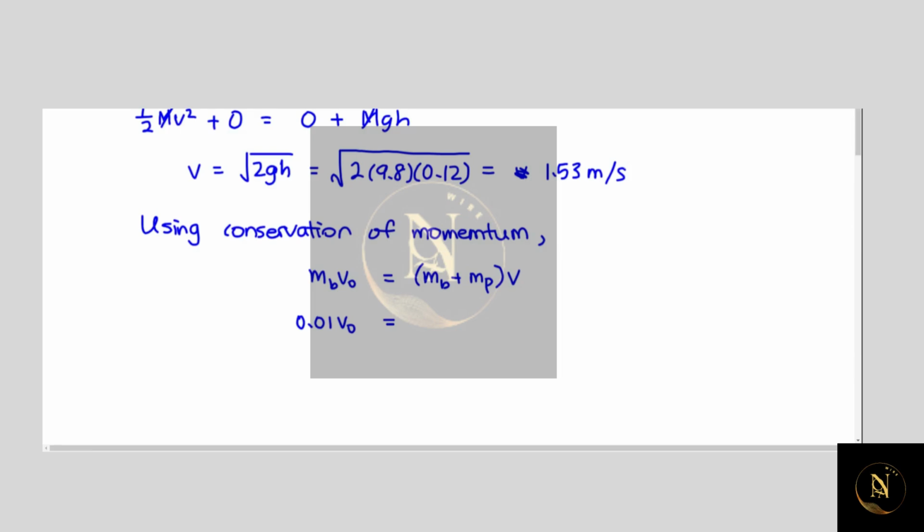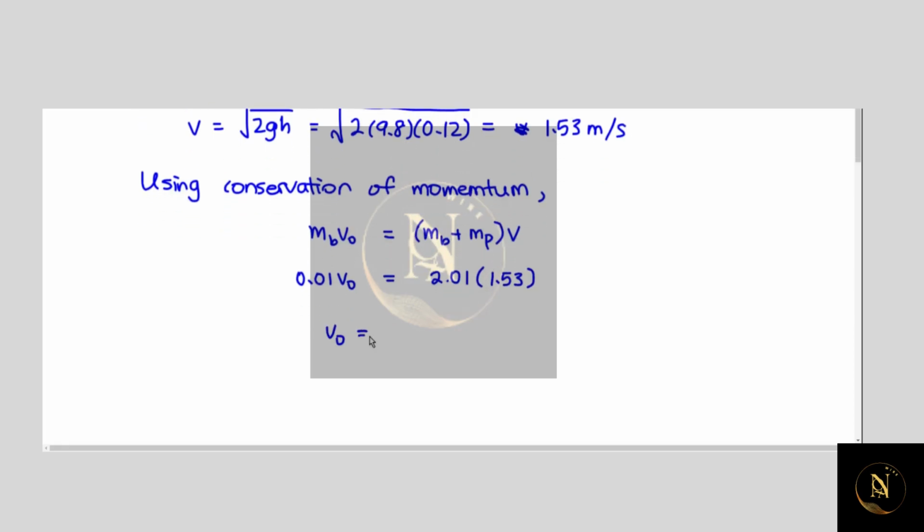When you add up the two objects, the bullet plus the pendulum, you get 2.01 kg, and v is 1.53. So you can calculate v0 from here, and this is 308 meters per second. So this is the answer, this is the speed of the bullet, and that's all for this question.